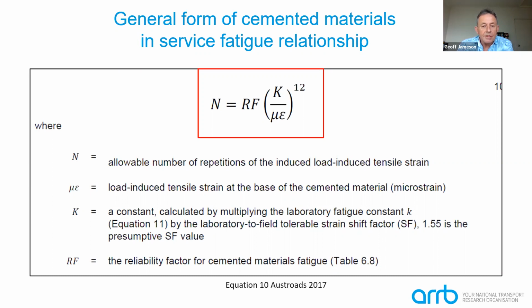And it behaves in a more strain intolerant way than asphalt, and more closely related to the strain or stress sensitivities of concrete. And you can see in that relationship also that we have a concept of a reliability factor, RF, that we'll talk about later.